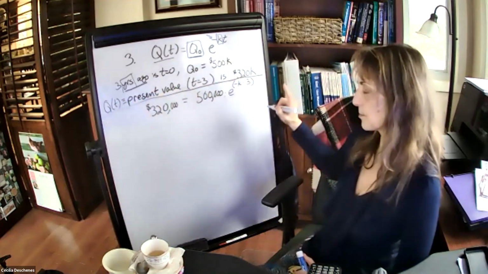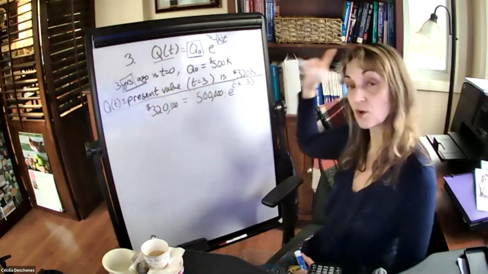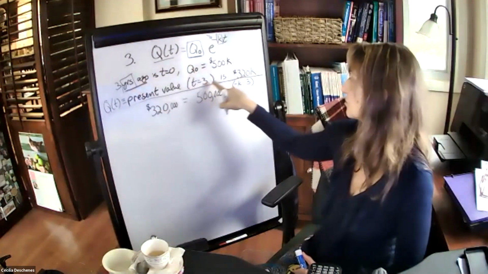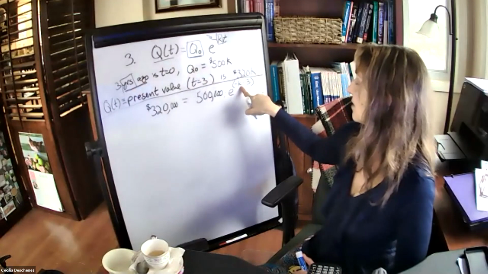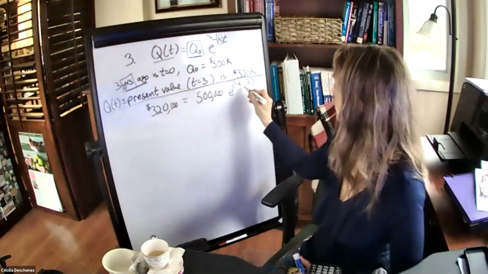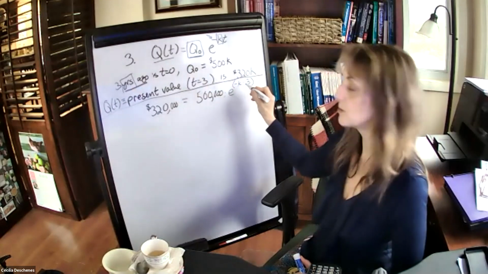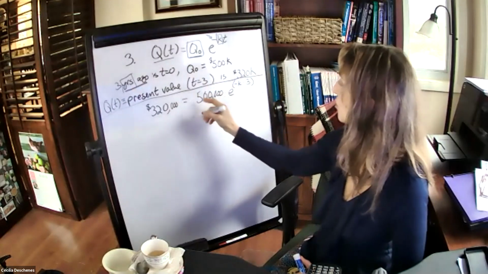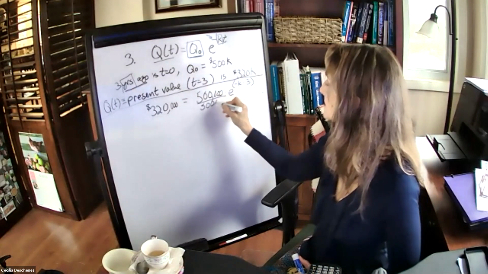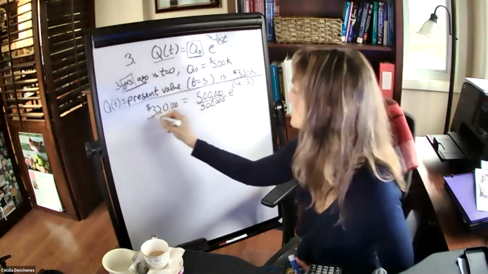Because in 3 years, that's the present, because we're starting at time equals 0 was 3 years ago, so now it's t equals 3. We have negative k times 3, so we have all this. So now here is where our unknown is. Our unknown variable is k, and so we've got to get rid of the coefficient in front of e. So let's divide both sides by 500,000.